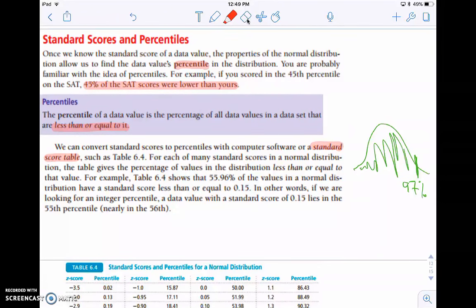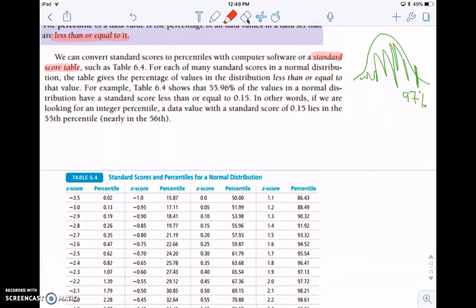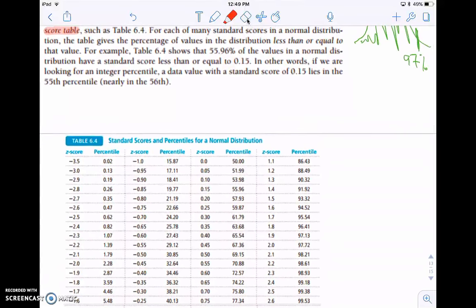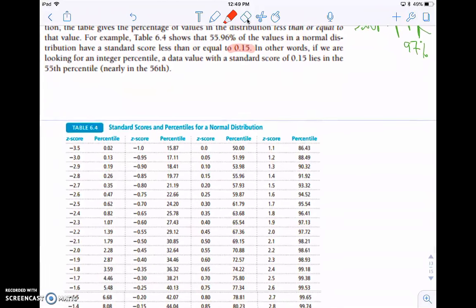When we look at this, if we take an example here, if we find 0.15, so if you have a z-score of 0.15, meaning your standard score is 0.15 standard deviations above the mean, then that is the 55.96, approximately 56th percentile.